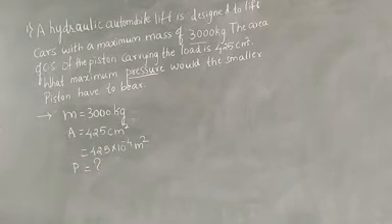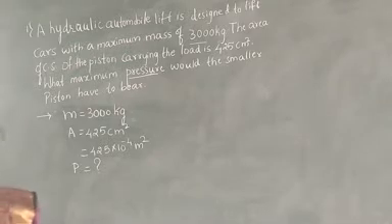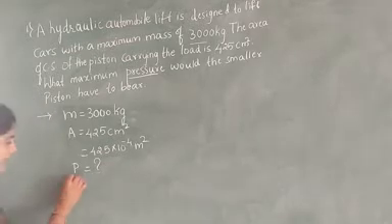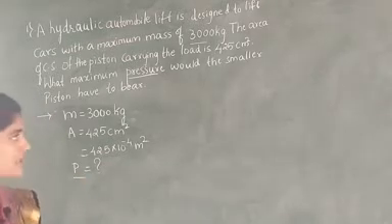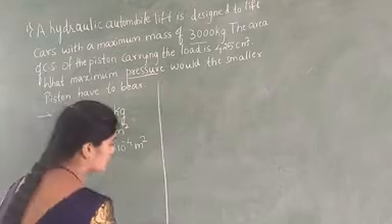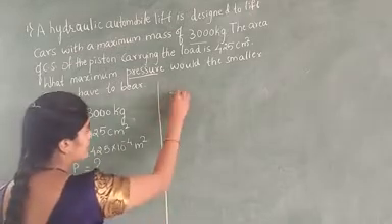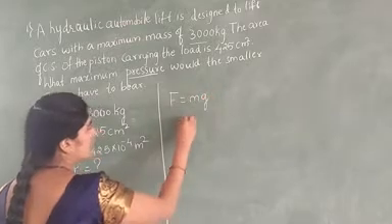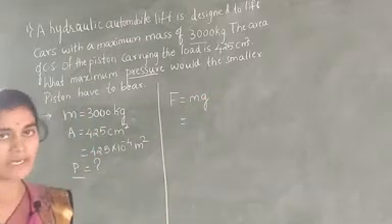First, they have given the mass, and they have given the area. We have converted area from centimeter square into meter square. And here we have to find the value of the pressure. Now, we know the formula F is equal to mass into gravity.